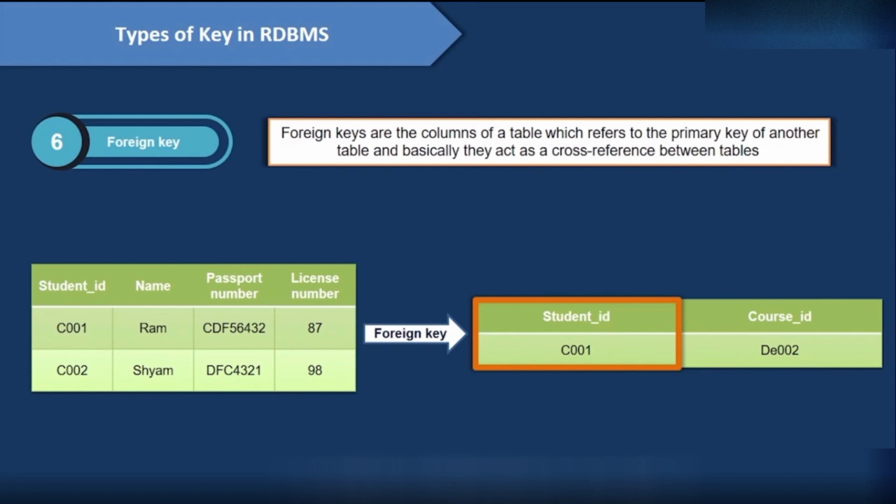In the student table, student ID is the primary key, that we all know. Whenever it comes to student ID in the course table, we can say student ID is a foreign key, right? So it acts as a cross reference between the tables. Using student ID, you can connect these two tables. This is how the foreign key concept works.